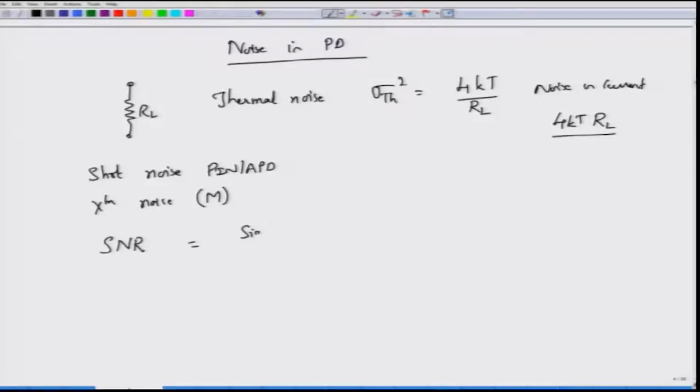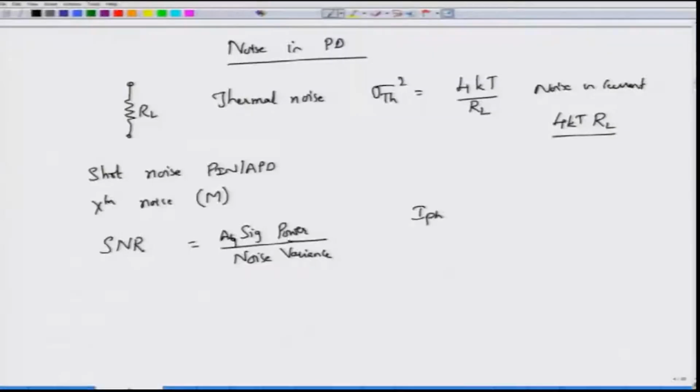The way we define signal to noise ratio is as the average signal power to the noise variance, which can be thought of as the average power that is dissipated in a 1 ohm resistor.